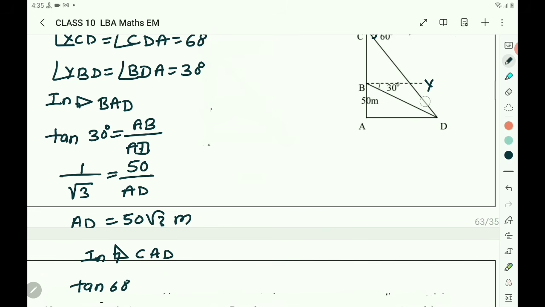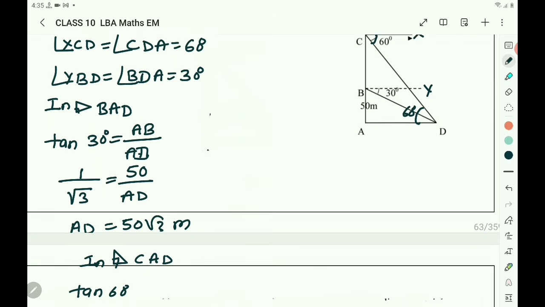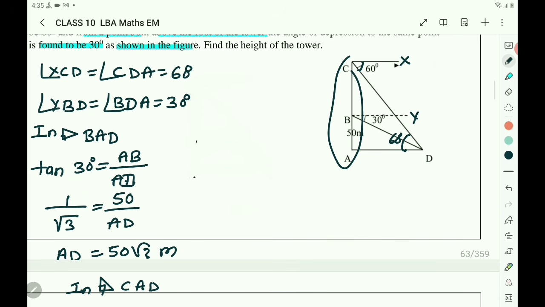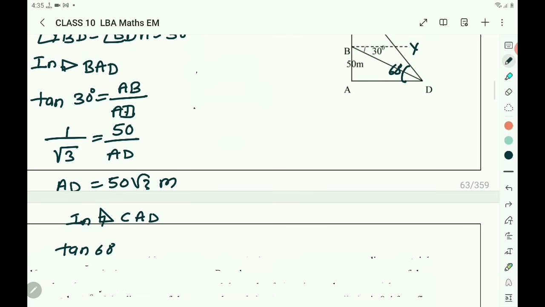For tan 60 degree, this whole angle tan 60 degree, AC is the opposite side and DA is the adjacent side. Then you write tan 60 degree is equals to opposite side AC by adjacent side AD.